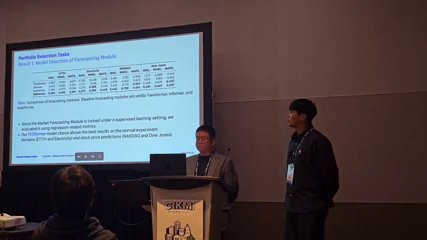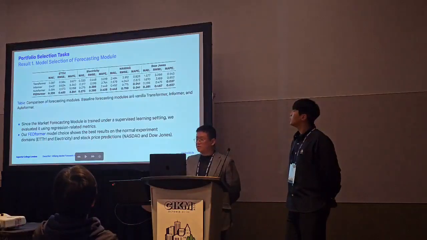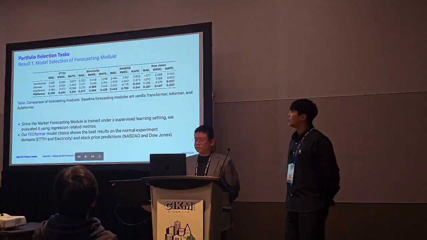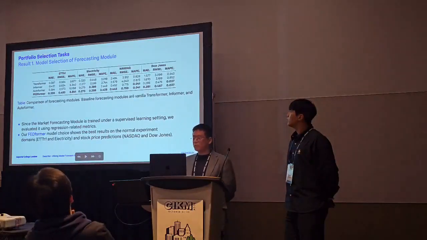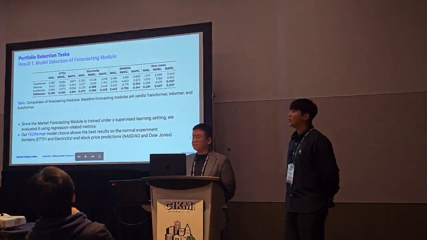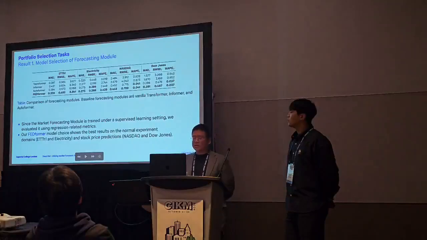This is the first result of our model. The first result is to demonstrate our model selection of the forecasting module. As I said before, there are multiple choices of transformer-based time series forecasting models.